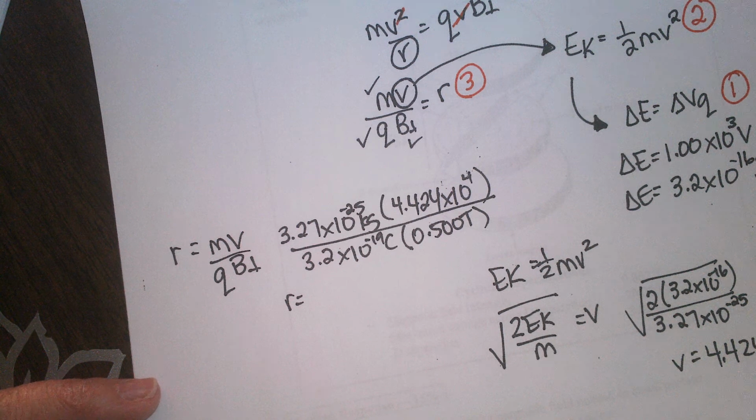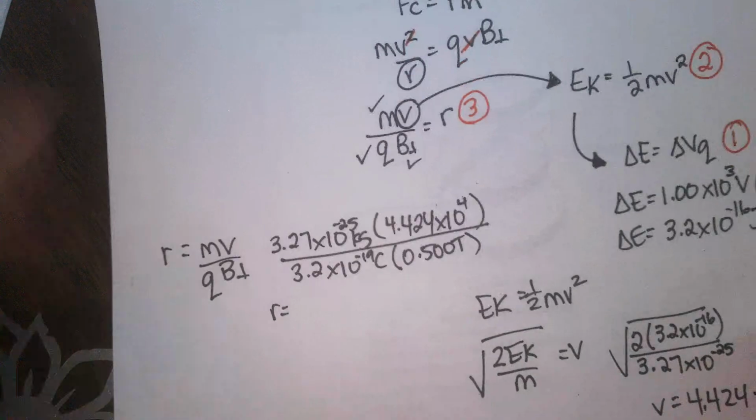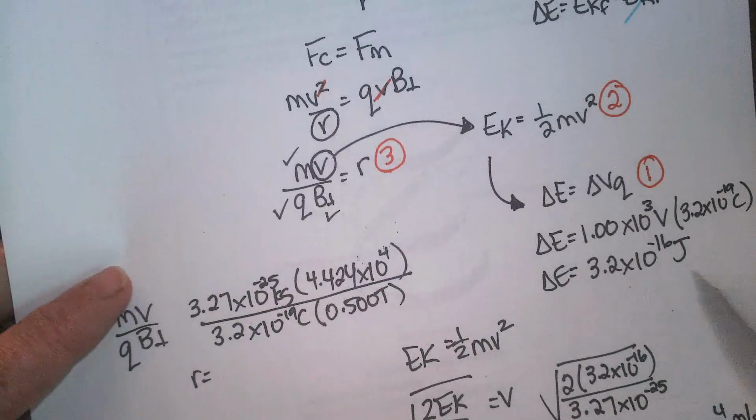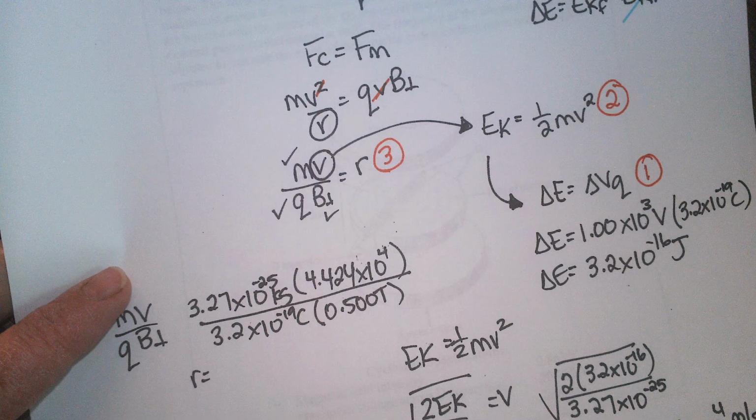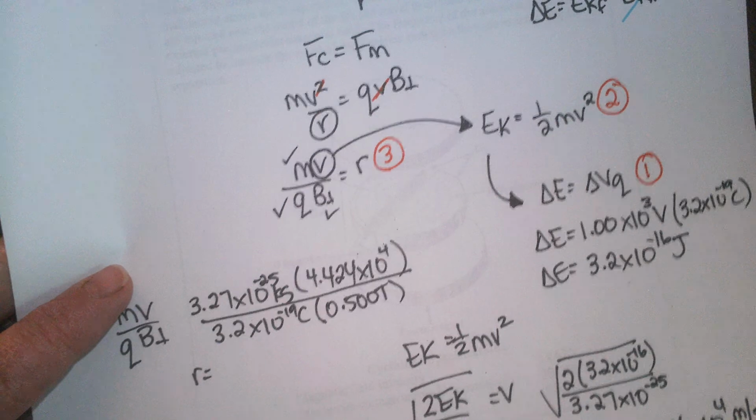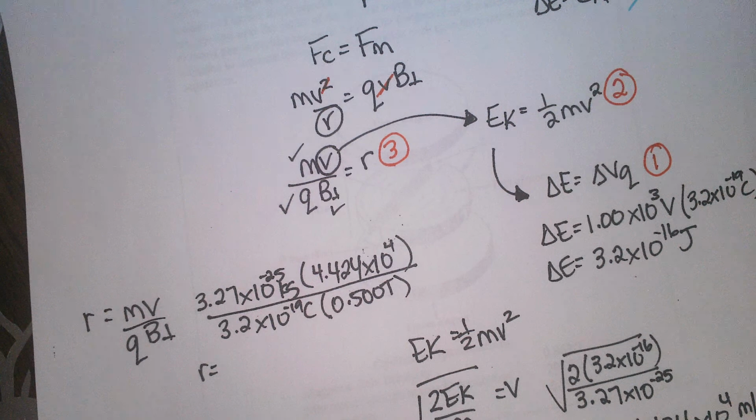We got 3.2 times 10 to the negative 16 joules. That's right here. That's okay. Did you get a radius value yet?